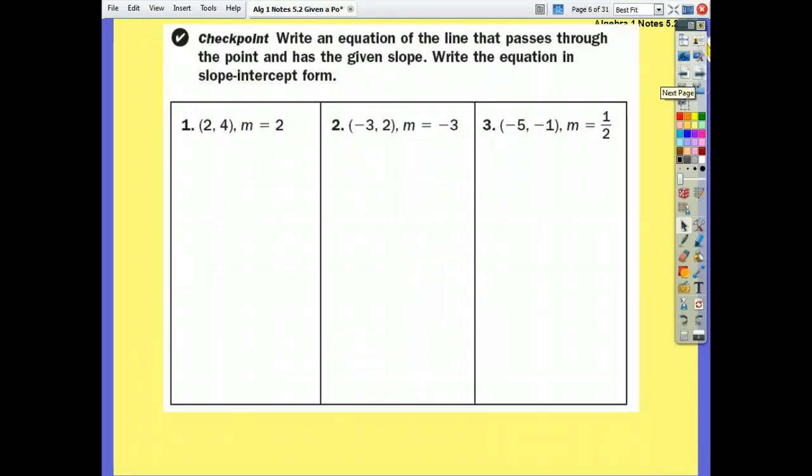All right, let's practice. These were like the first example we had. So what I want you to do, each one you have to start out with what? Yes, thank you. Nice job. Y equals mx plus b.